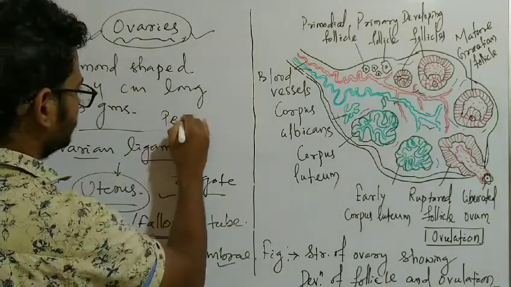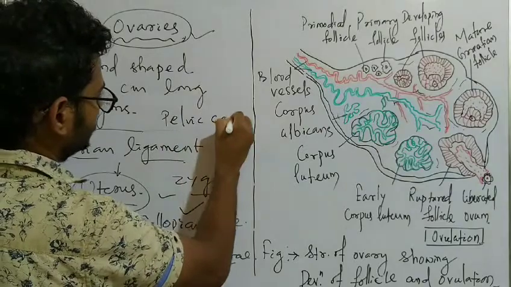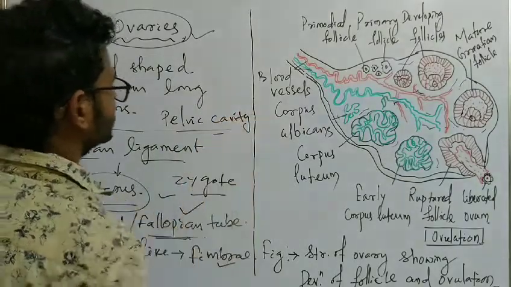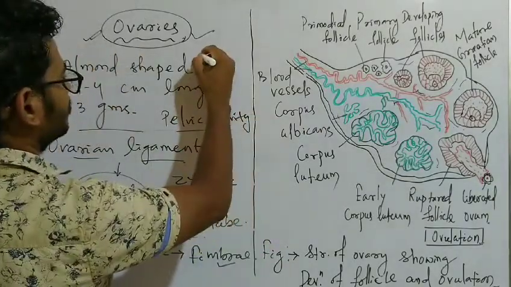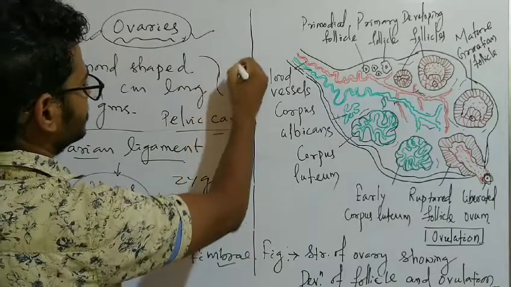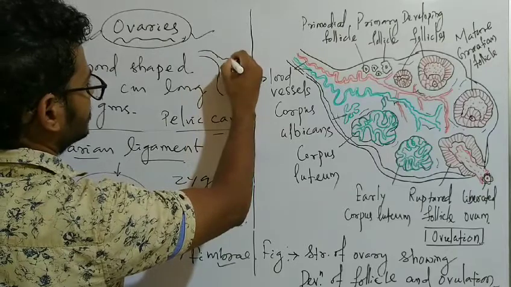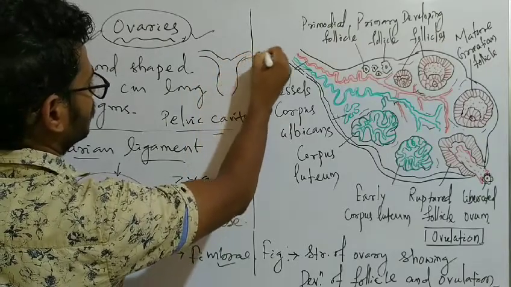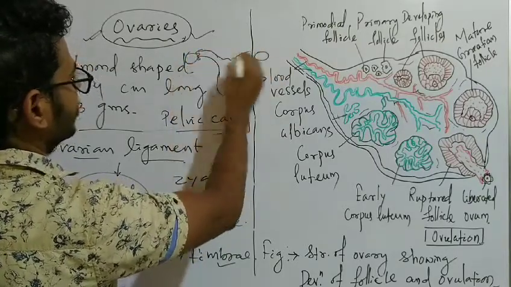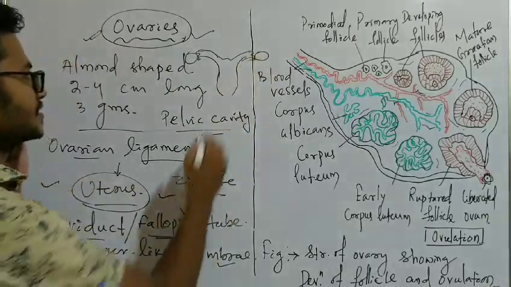Where is it located? In the pelvic cavity, on either side of the uterus. The rough structure is like this: if this is the uterus, then these are the oviducts, and the ovaries are here, and these are the fimbriae, finger-like structures.